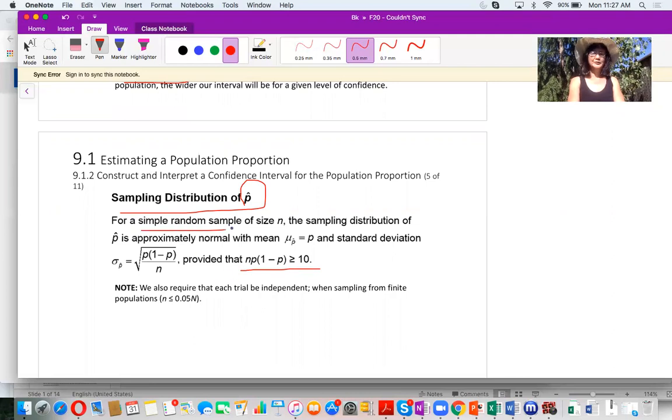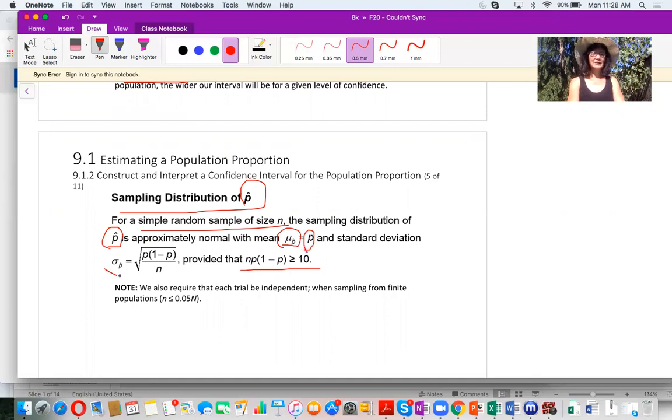For a simple random sample of size n, the sampling distribution of p-hat is approximately normal. Okay. p-hat is normal. What is the mean of p-hat? The mean of p-hat, we use mu subscript p-hat, equal to the population proportion.